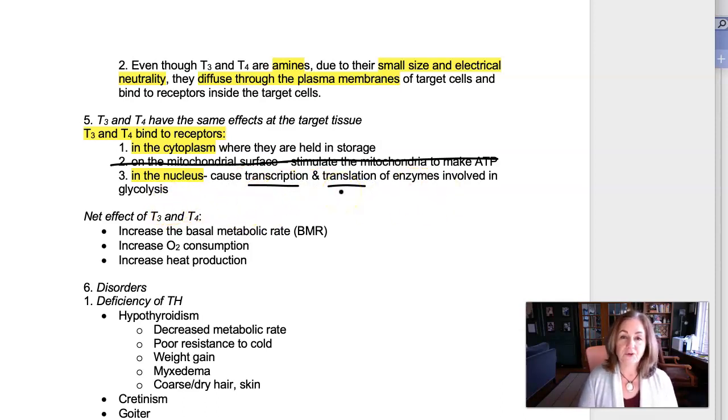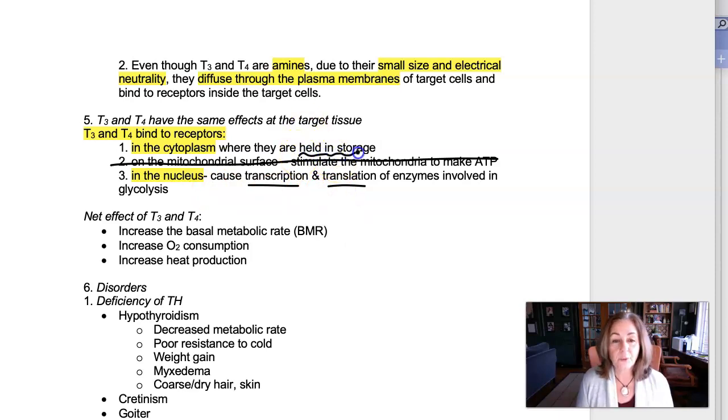Glycolysis is the way we break down sugar prior to it entering into the mitochondria, so it's directly helping metabolism. Any T3 and T4 that bind in the cytoplasm will ultimately then go into the nucleus and have this effect.